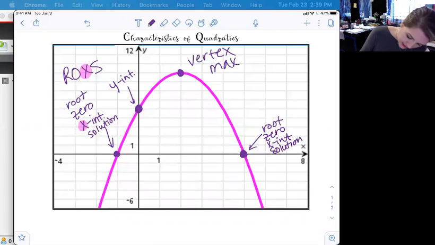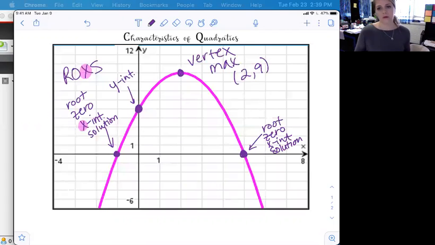Now in this case, we have a maximum vertex. Our maximum vertex is over here at 2, 9. That is our maximum vertex. Now, with all of the problems that we were dealing with our area, okay, those had minimum vertexes.